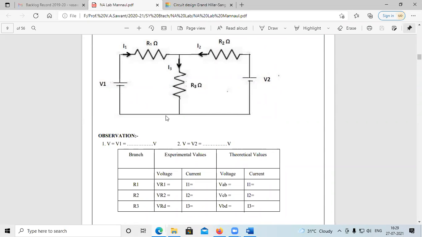So 10 minus 5 I1 minus 3 I1 minus 3 I2 equals 0. So it becomes 8 I1 plus 3 I2 equals 10. This is one equation.